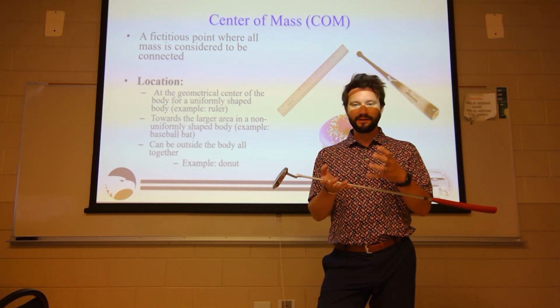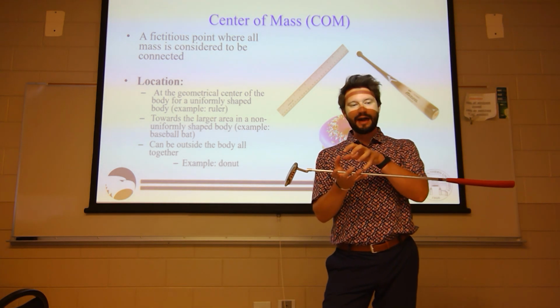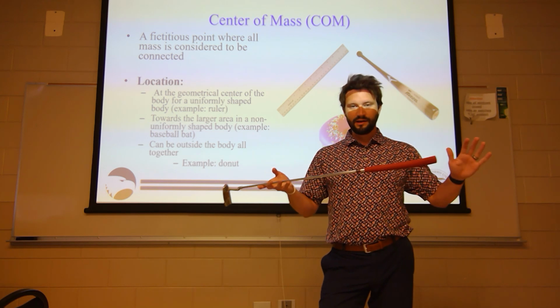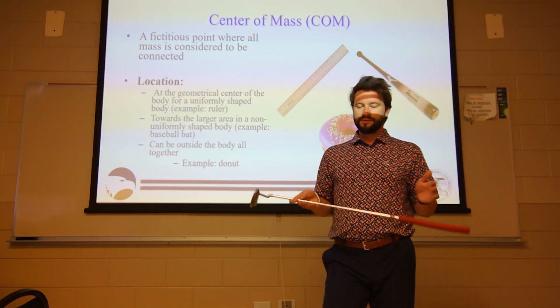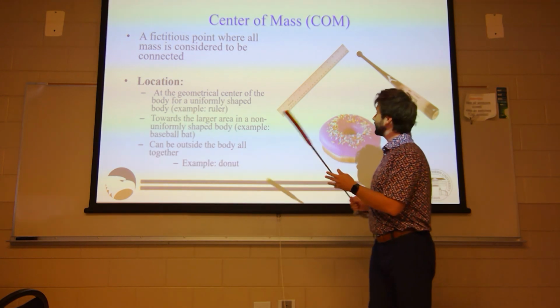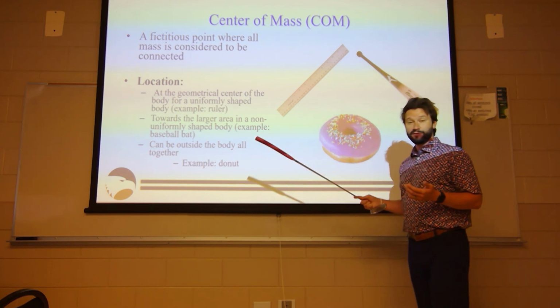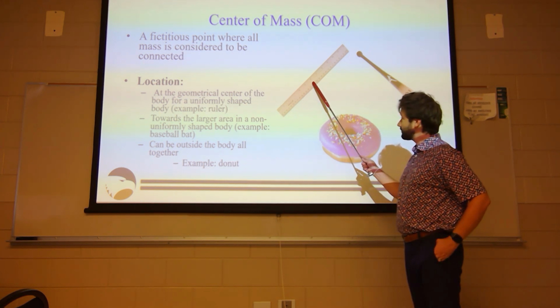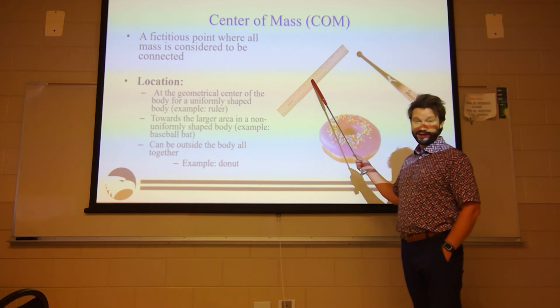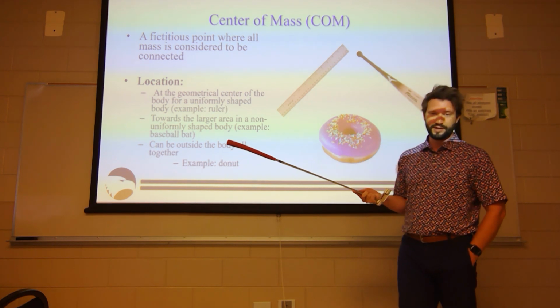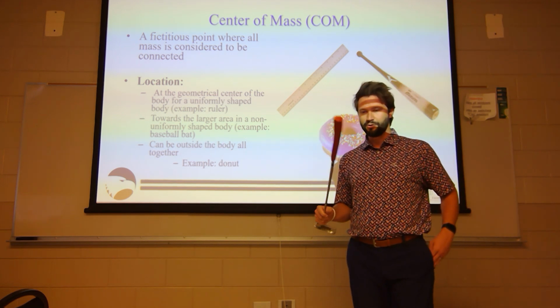It's that balancing point, the collective average of all the mass of an object. So if we have something that is perfectly uniform, such as the ruler example, that center of mass for that object will be right in the center, because the mass is perfectly distributed. So that center of mass right in the middle.